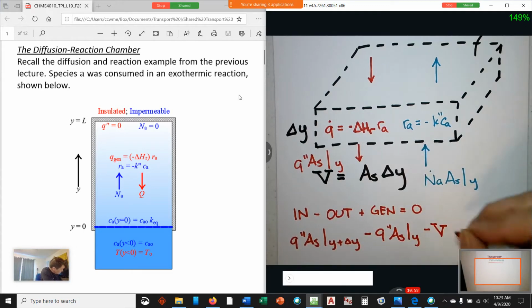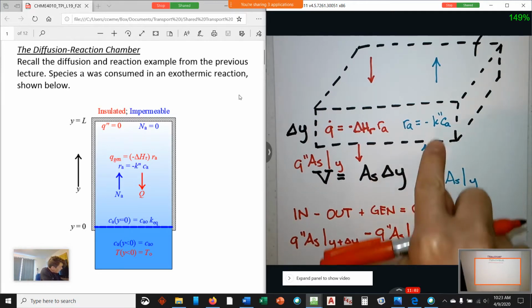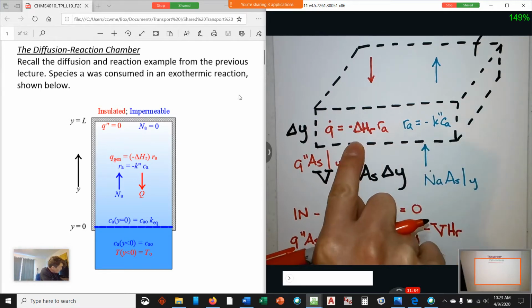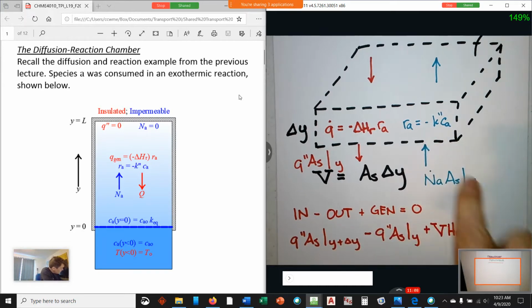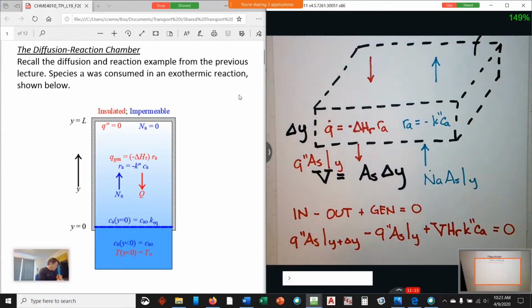Heat of reaction, and we can replace this then, well, we have a minus here plus K double prime CA. Right. That looks pretty appropriate, equals to 0. And we can divide by the volume.